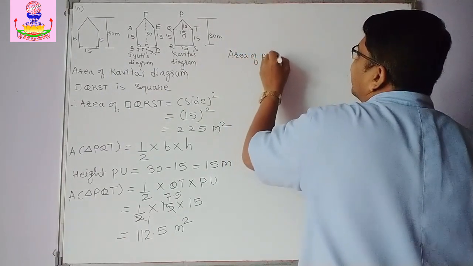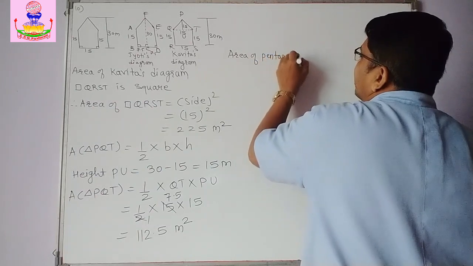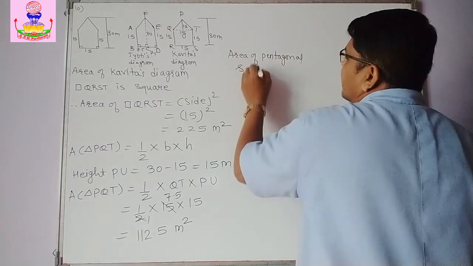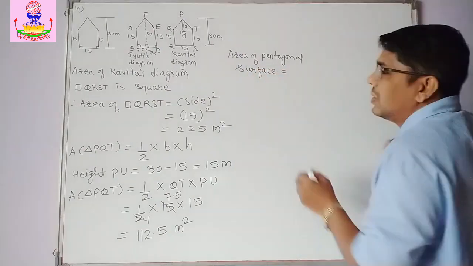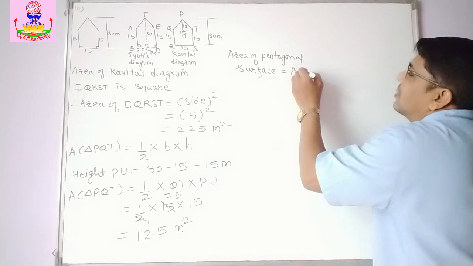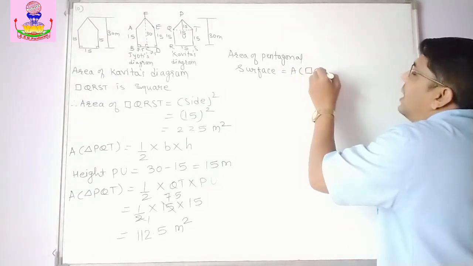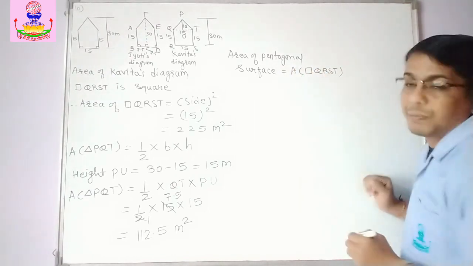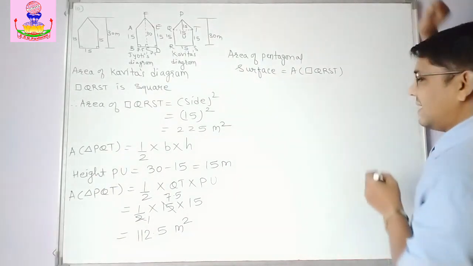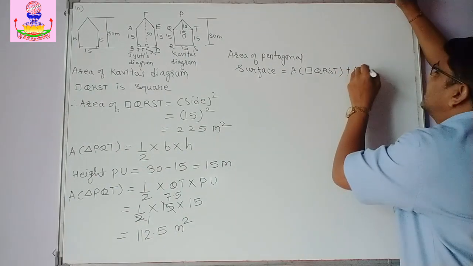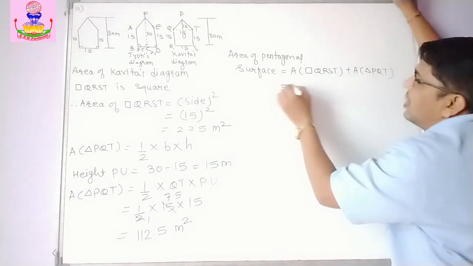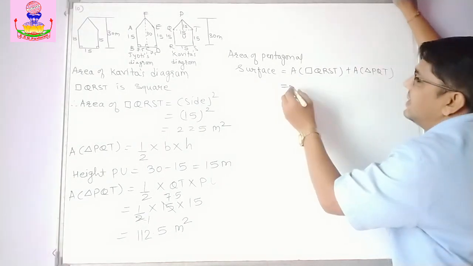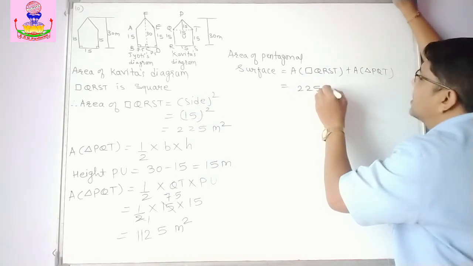Now the area of the pentagonal surface is equal to the area of quadrilateral QRST, that is the area of square QRST, plus the area of triangle PQT.